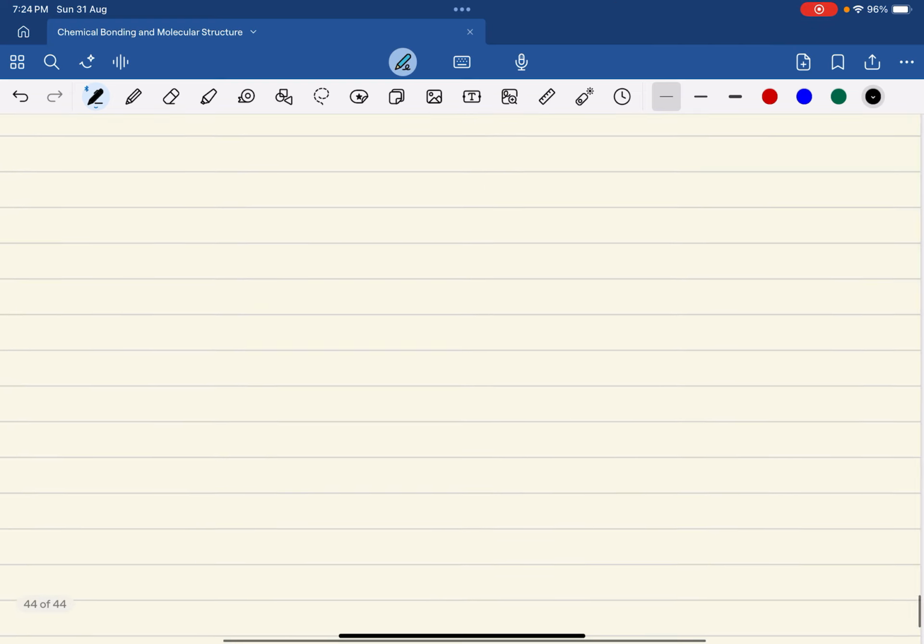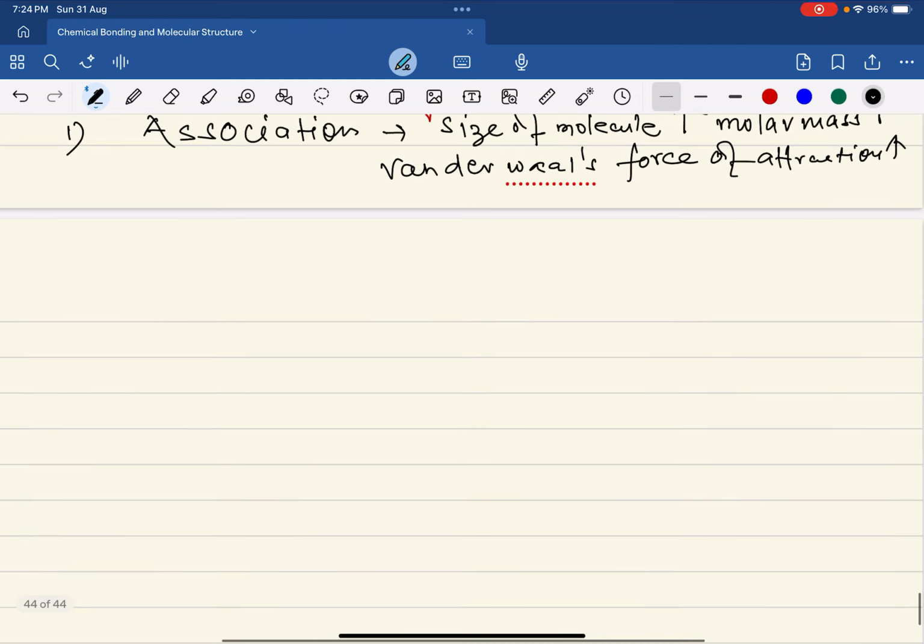Then point number two, after association, the most important point is solubility. So, solubility increases. Why does solubility increase?